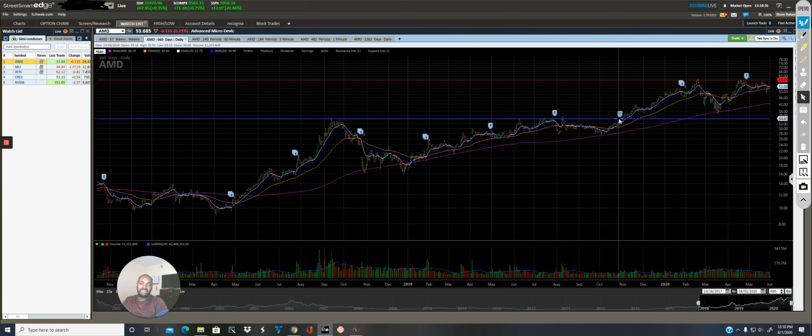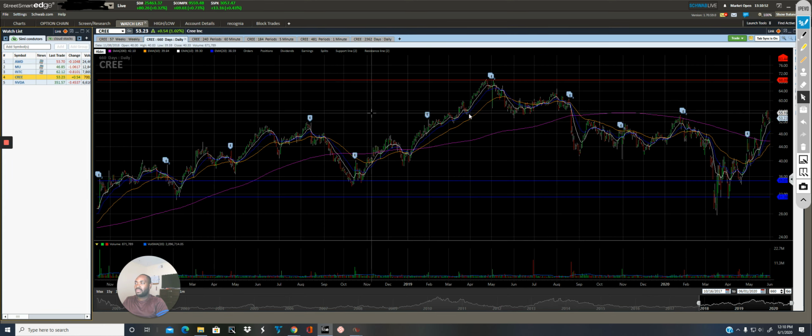Support is around 34.41. Resistance is at 58.95. So at any given time, I will come back inside here and make a quick check to see if AMD has come back down here anywhere close to the 34 level where I would be happy to take a trade. Look at Cree, same thing.